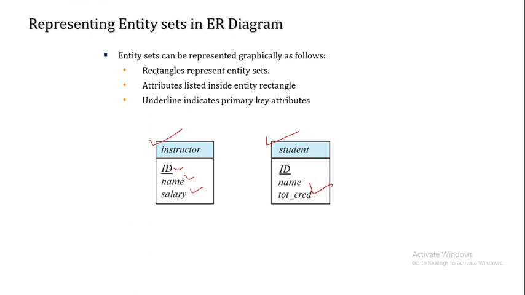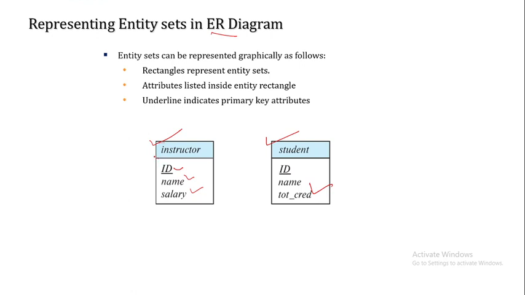Now we will see how an entity set is represented using an ER diagram. An entity set can be represented graphically as follows. A rectangle represents the entity set. Attributes are listed inside the entity rectangle.